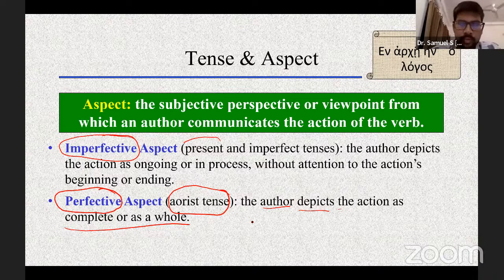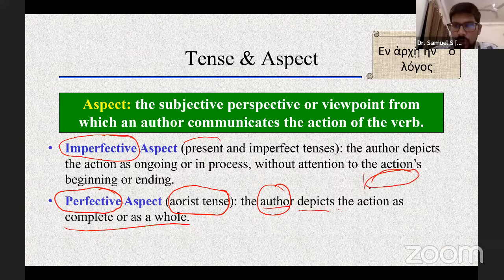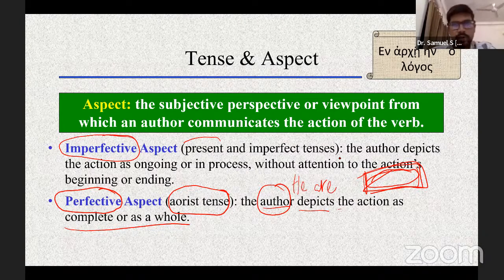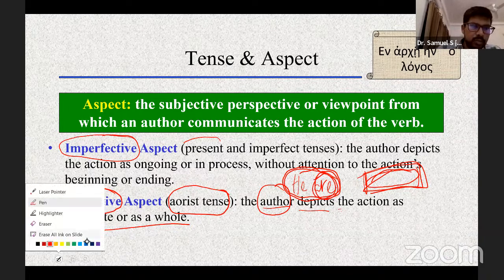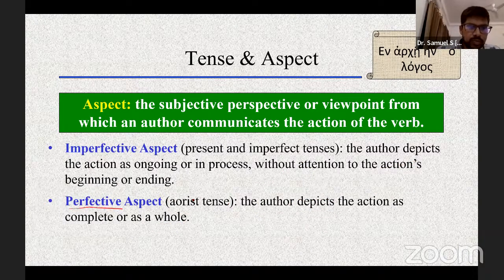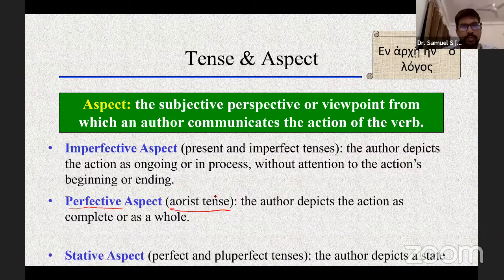So the eating, now the author is looking at that action as a whole, as one thing, including beginning and ending, everything done. For example, he ate. See how the author is not communicating he was eating or while he was eating, nothing about that. The author is depicting the action as one whole unit. That is the perfective aspect, and only one tense form communicates that.